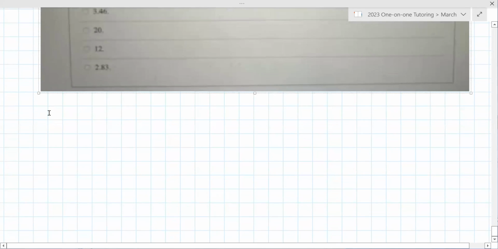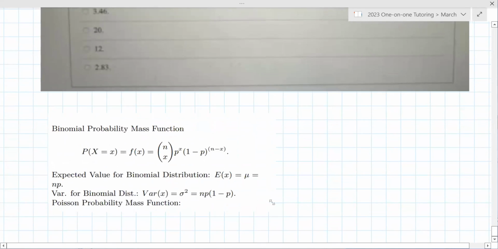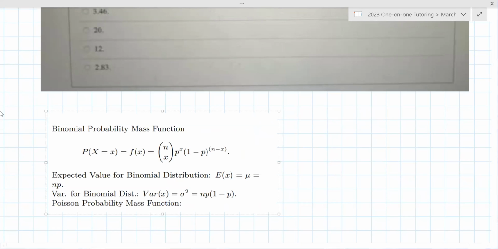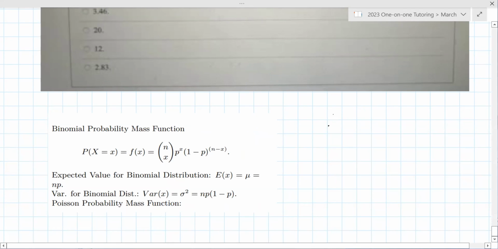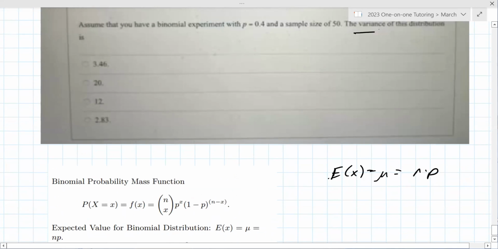Yeah. All right, so here's a couple of formulas for this here. This is binomial distribution, and here are some relevant formulas from your sheet. This is on the first page, top right. The two key ones you need to know here: the expected value of x, or mu, is n times p. And for this one, they want the variance.